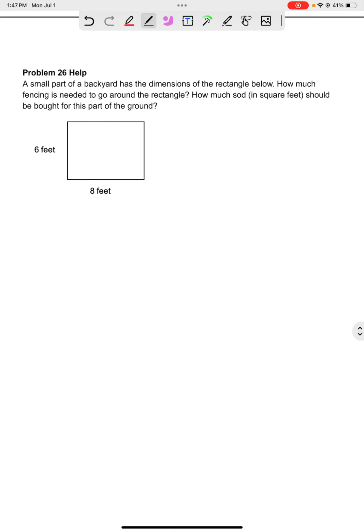Well, fencing is going to be going around the edge, right? So this is where the fencing goes. And so if we want to answer that first question regarding the fencing, then we're going to think about what is geometrically known as the perimeter. So what is the perimeter? Well, the perimeter is just the sum of all the edges.